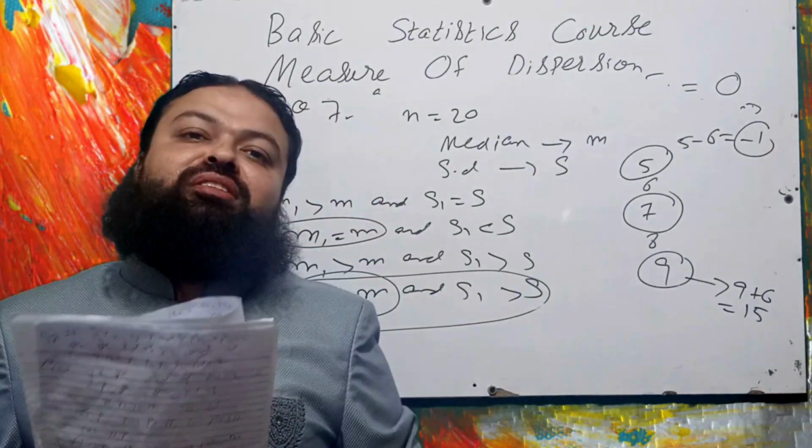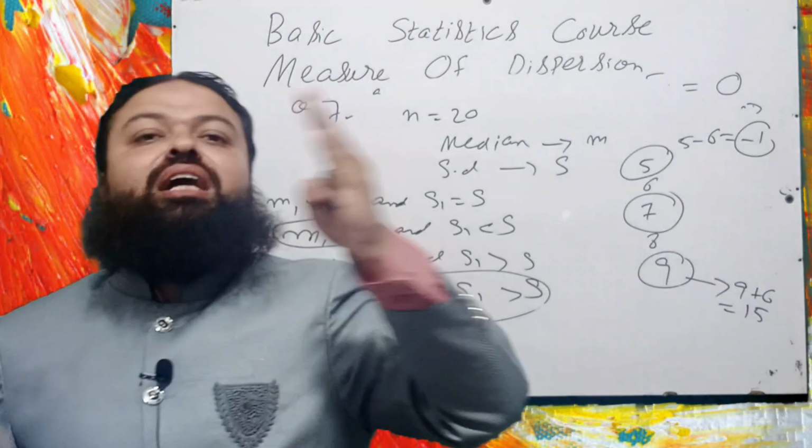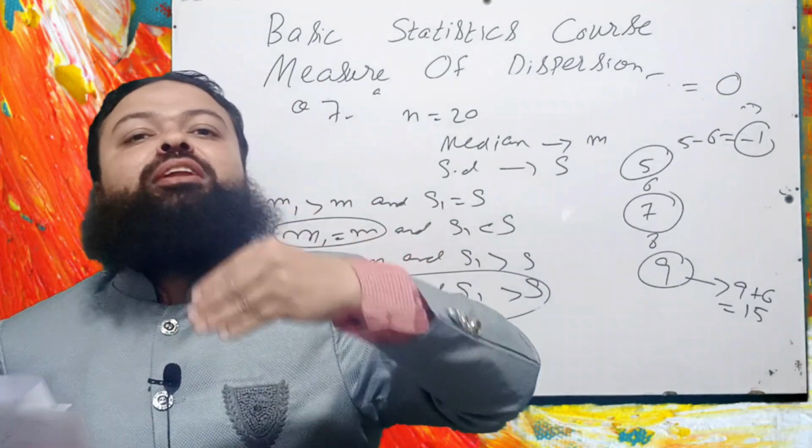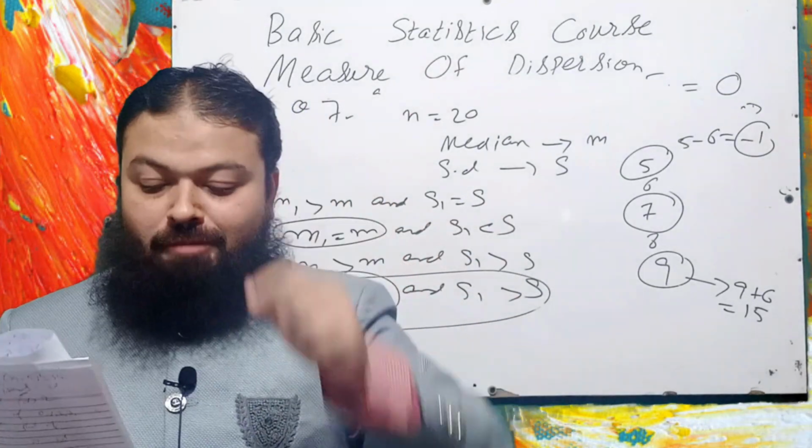D will be the correct option in the exam. If the standard deviations are equal, then the means may or may not be equal. D will be the correct option.